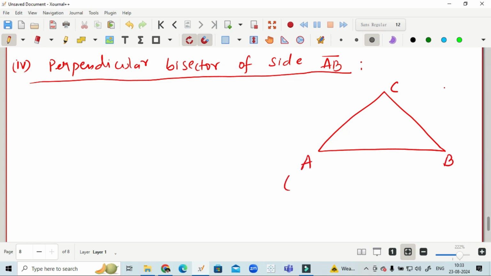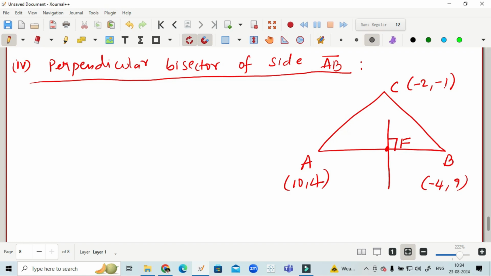Okay, so point A is 10, 4, point B is minus 4, 9, C is minus 2, minus 1. So the perpendicular bisector, see this is the midpoint, let's say this is F. So what is perpendicular bisector?